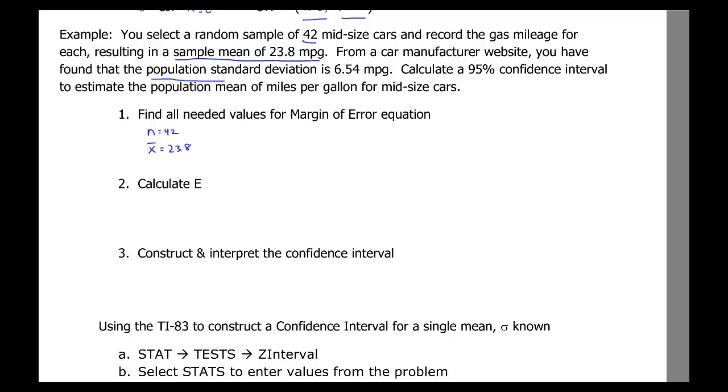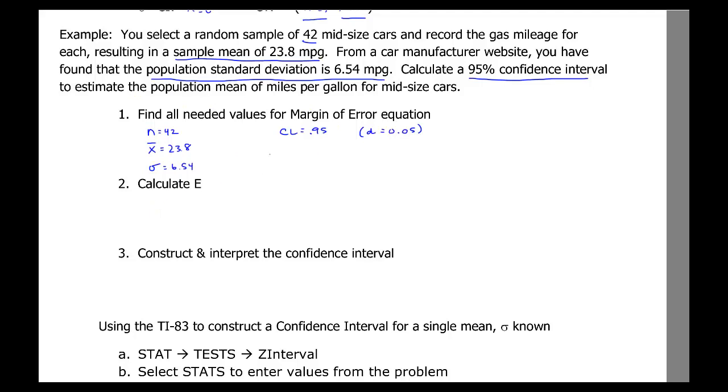We have a population standard deviation of 6.54. We're looking for a 95% confidence interval. Remember, alpha and the confidence level add up to 1, so alpha would be 0.05. And we want to estimate the population mean using a confidence interval.